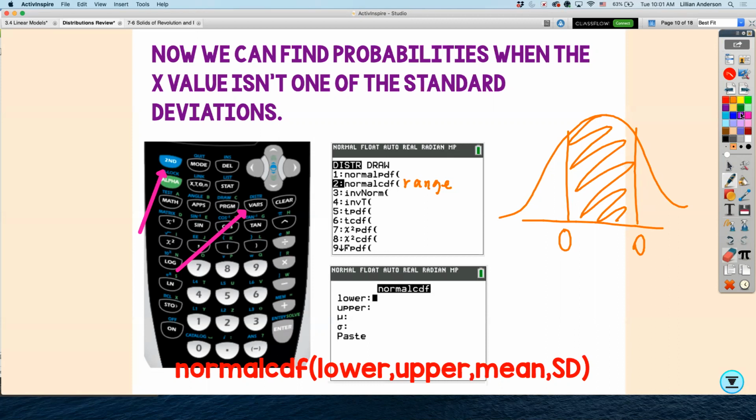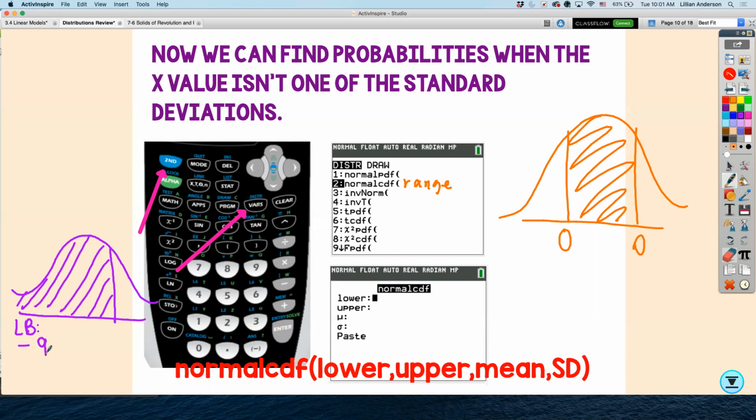Sometimes we had to deal with probabilities that were like less than a particular value. What will we plug in for our lower bound? Who remembers? Negative 9 and then E9. Exactly, we were plugging a really, really, really small number.